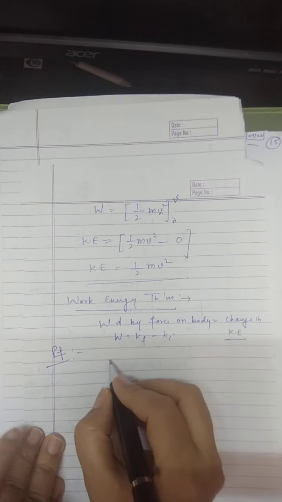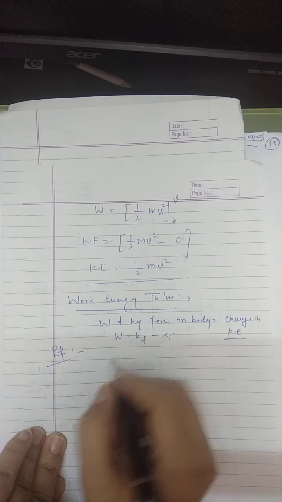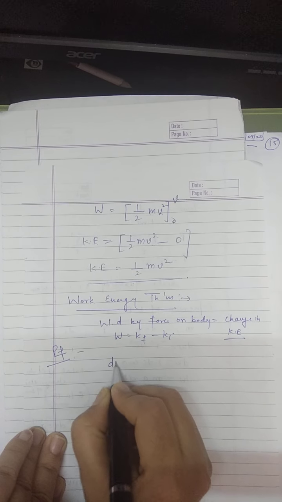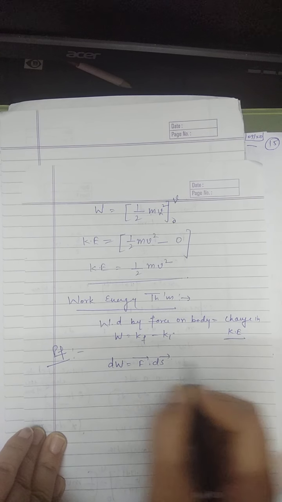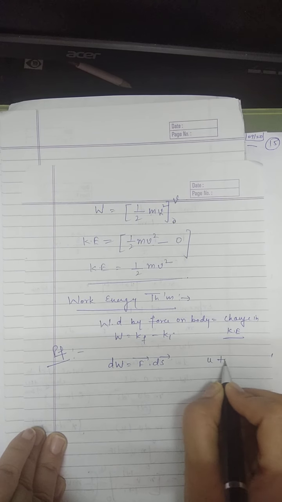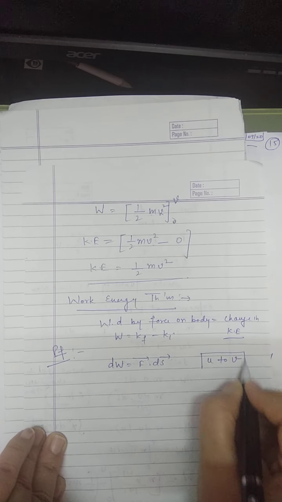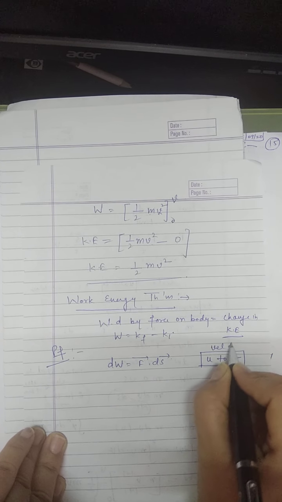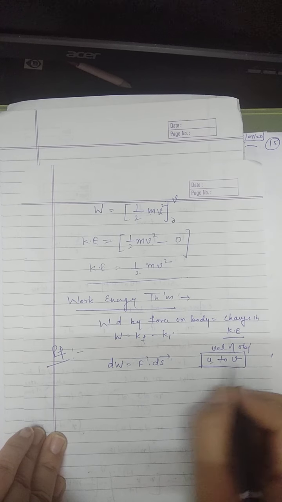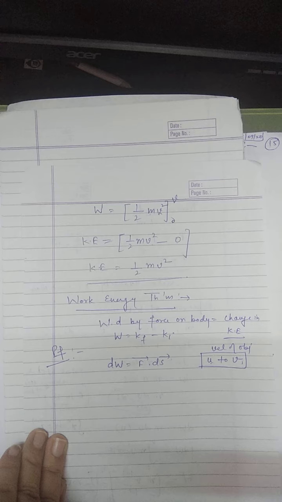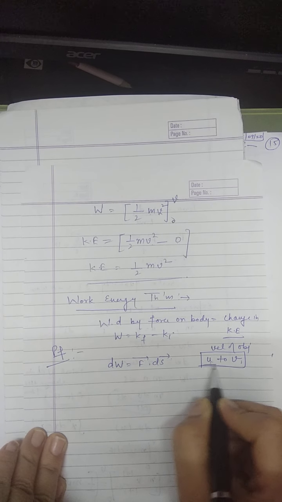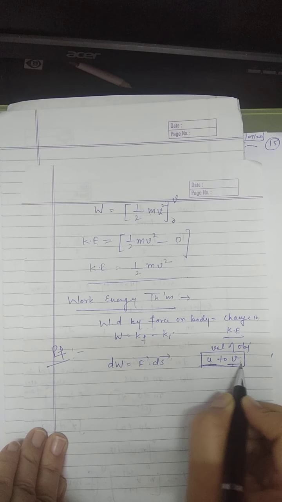Students, its derivation is the same as the expression above: dW is equal to F dot ds, but here the velocity of the object changes from u to v. In the expression of kinetic energy we took initial velocity 0, but here I am taking the velocity of the object changing from u to v.